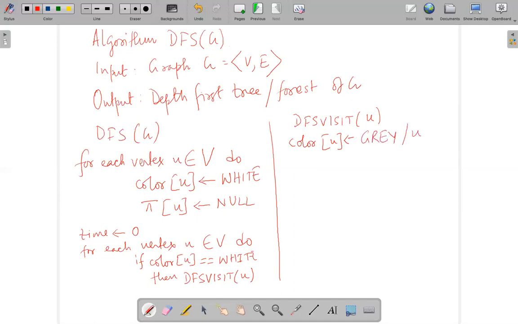That is, u is discovered. Du is set to time. So du is the discovery time. D is the discovery time. Time is incremented.